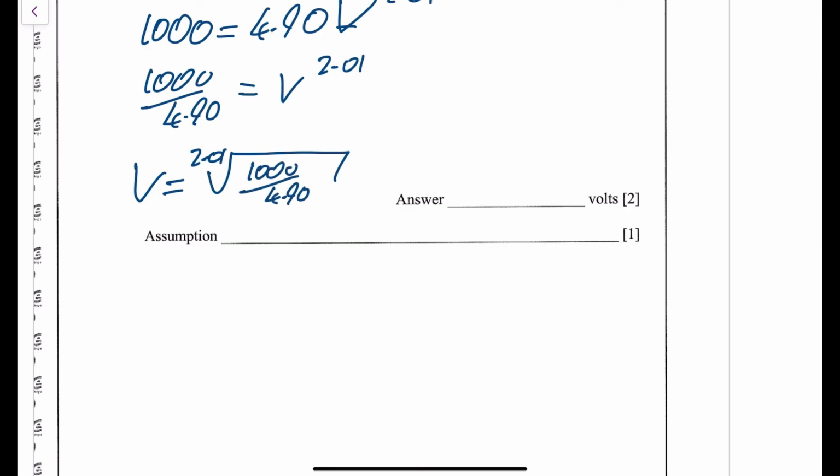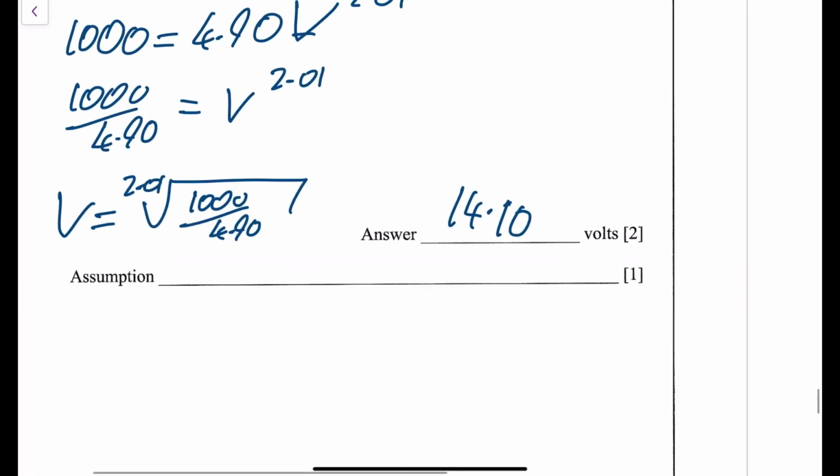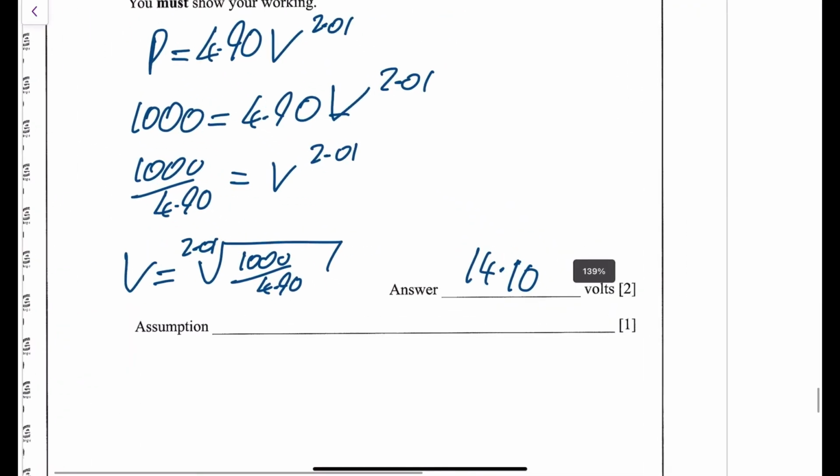So on the calculator, the root button, shift and your power button, then 2.01, and then inside the bracket 1000 over 4.90, press equals, and I got 14.10. It's going to be 2 decimal places for the volts.